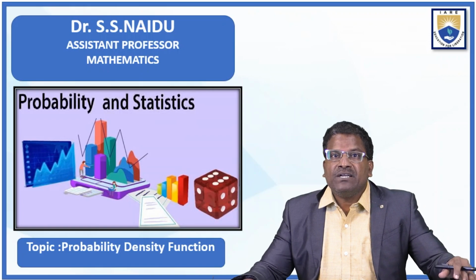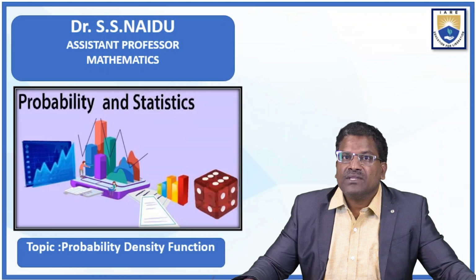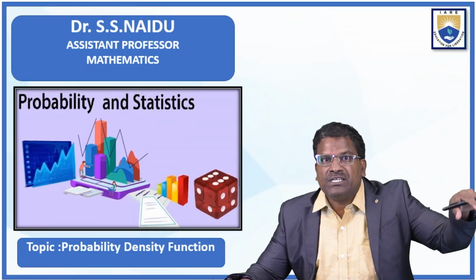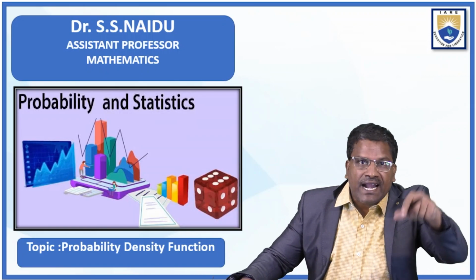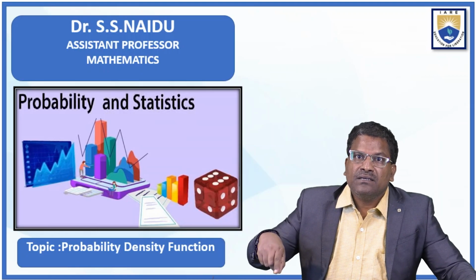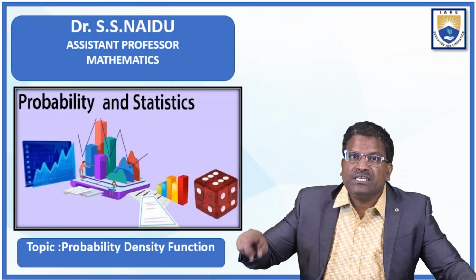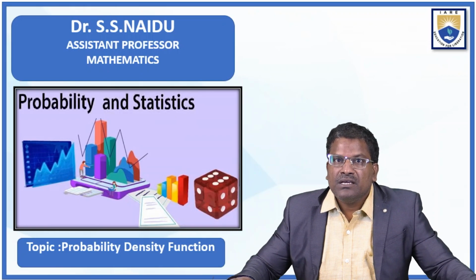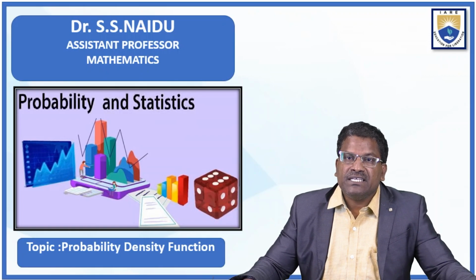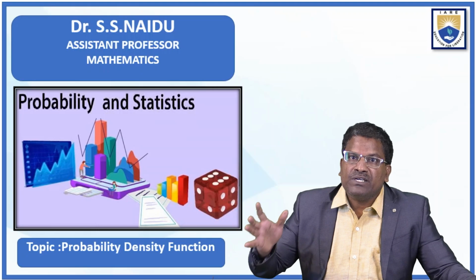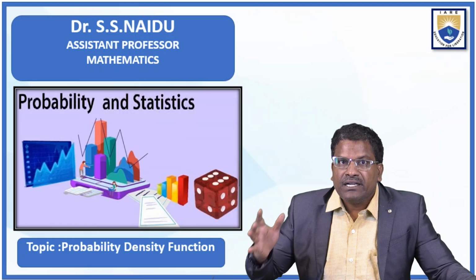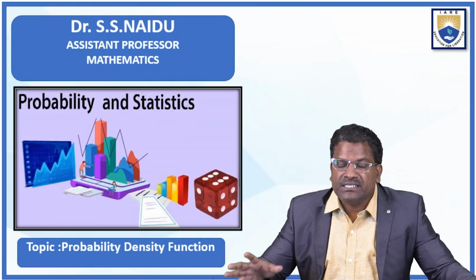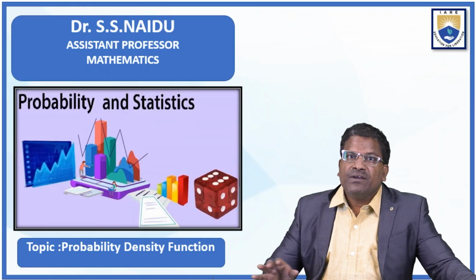So the main difference is that the probability mass function is a probability distribution defined for a discrete random variable, whereas the probability distribution defined for a continuous random variable is known as the probability density function.